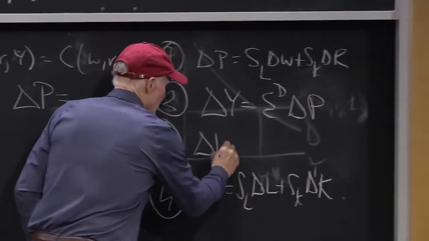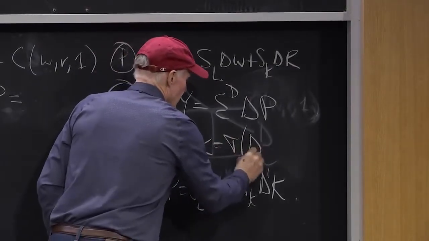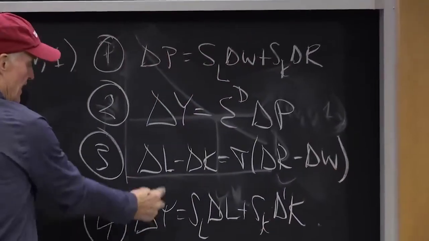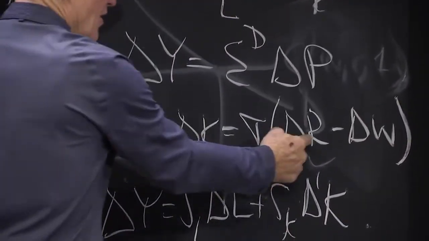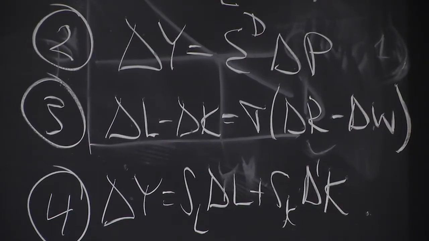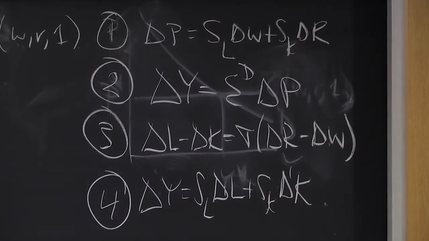Delta L minus delta K equals sigma times delta R minus delta W. And you notice again, I got L minus K on this side and R minus W on that side. I've done that same flip, where I'm measuring labor to capital on the left and capital to labor on the right. Okay?